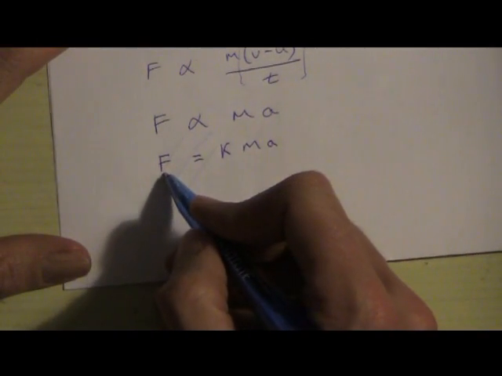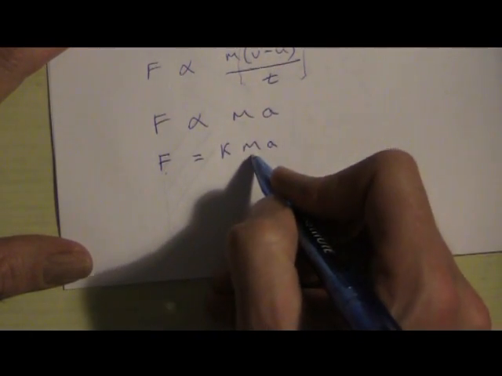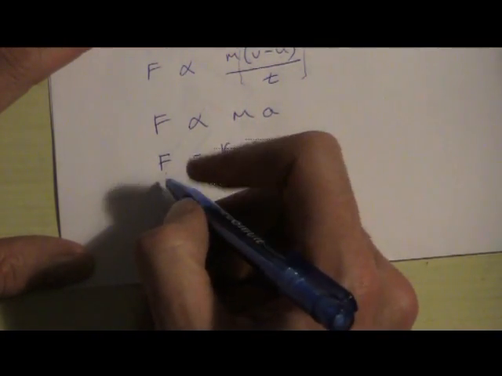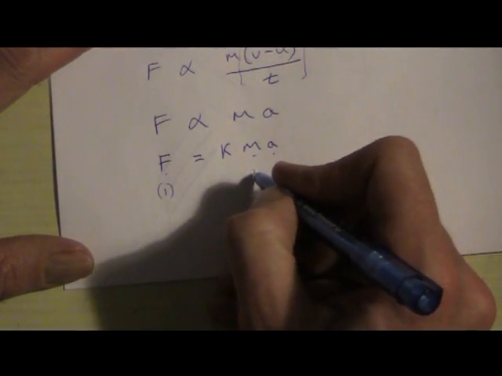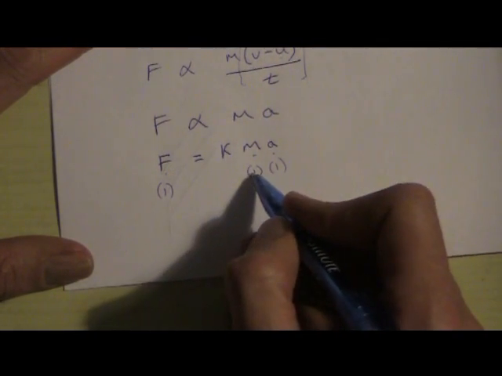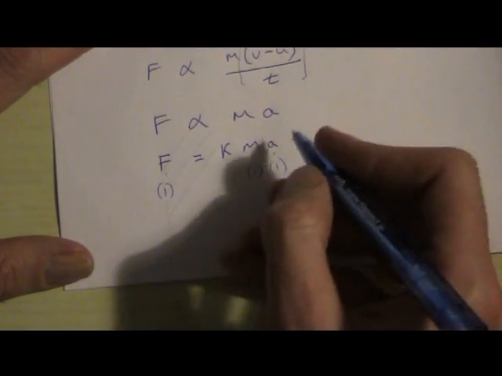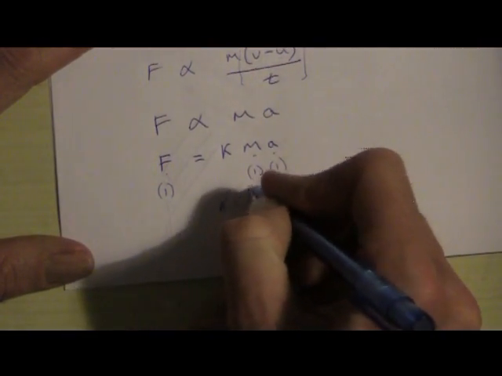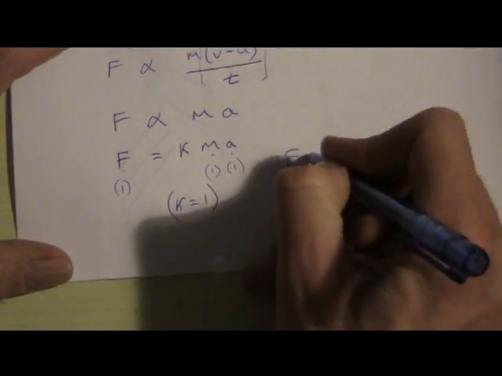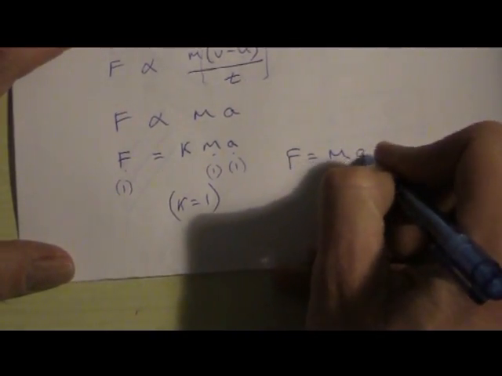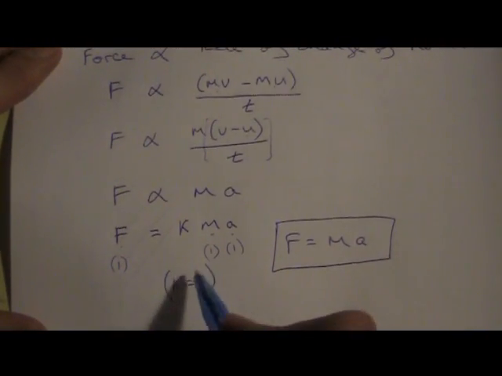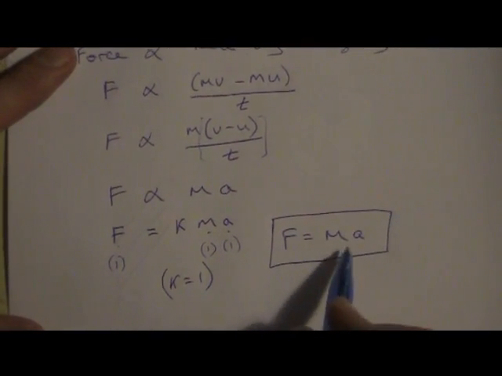The definition of the Newton was the force that gives a mass of 1 kilogram an acceleration of 1 meter per second squared. So you have 1 equals k times 1 times 1, so k has to be 1. Now you don't have to actually prove that, but if k is equal to 1, therefore F is equal to 1 times ma, which is just equal to ma. That's how we do it. Again, you just have to say k is equal to 1, and F equals ma.